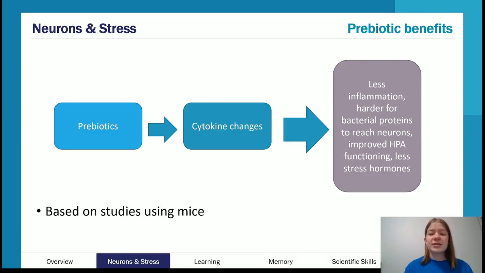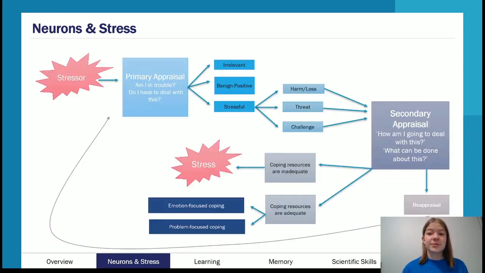But with prebiotics, where beneficial commensal bacteria take up more of our gut, we're going to have changes to our cytokines, which could result in less inflammation and reduced intestinal permeability, so it's harder for our bacterial proteins to reach neurons. We could have improved HPA functioning and less stress hormones as a result.